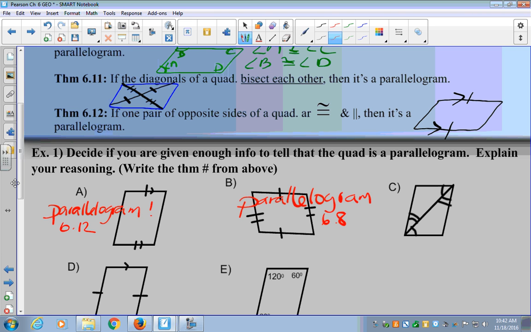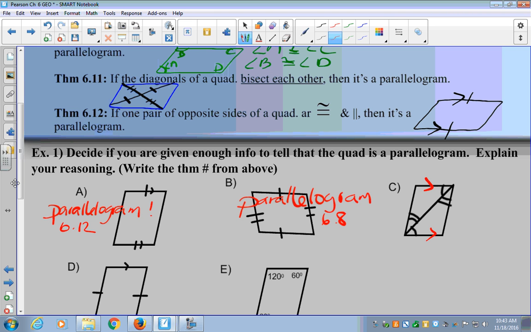All right, C says my opposite interior angles are congruent. So we can use that information to show what? If opposite interior angles are congruent, then lines are parallel. So my lines are parallel.